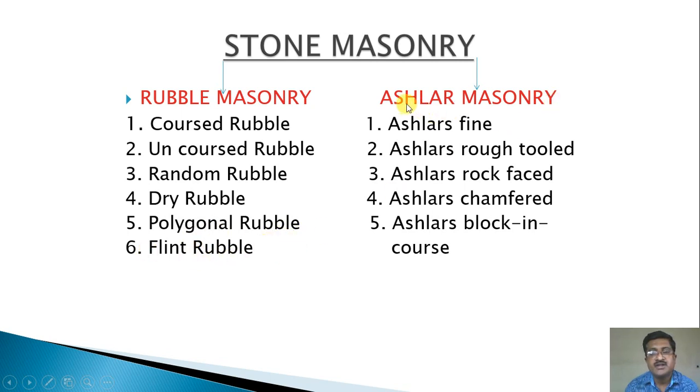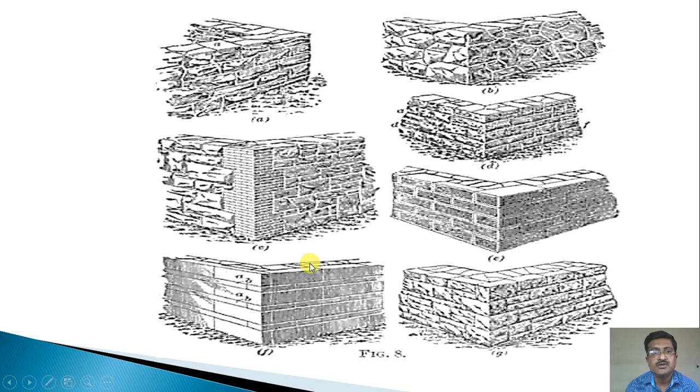Then in ashlar masonry: ashlar fine, ashlar rough tooled, ashlar rock faced, ashlar chamfered, ashlar block in course masonry. So all these types are there in stone masonry. You can observe here the various types of stone masonry are given, which we are going to study.